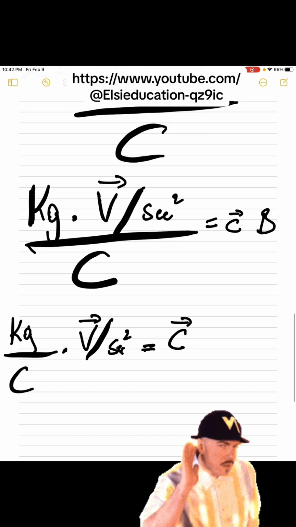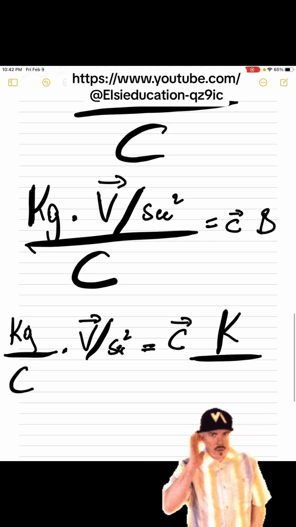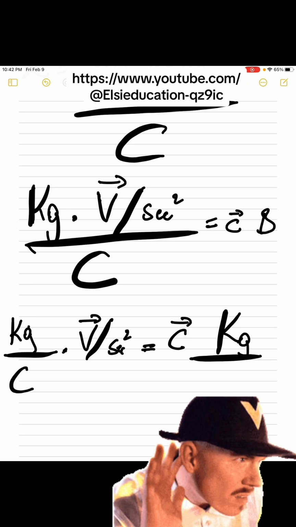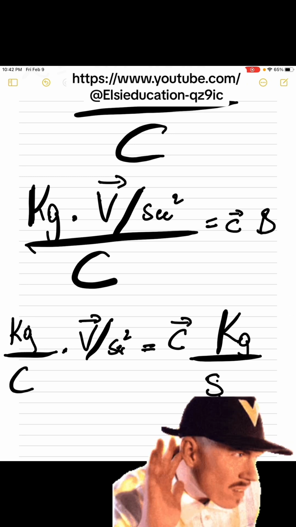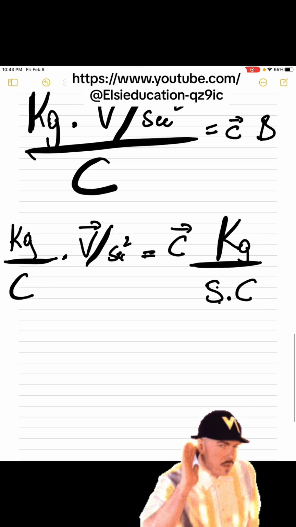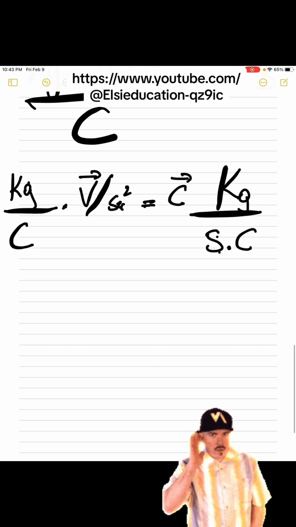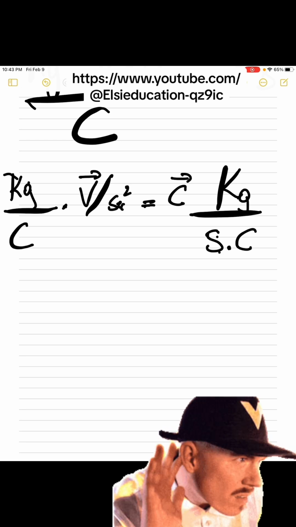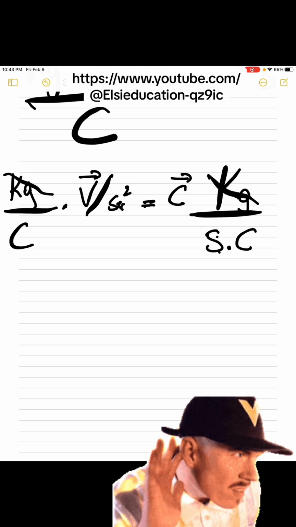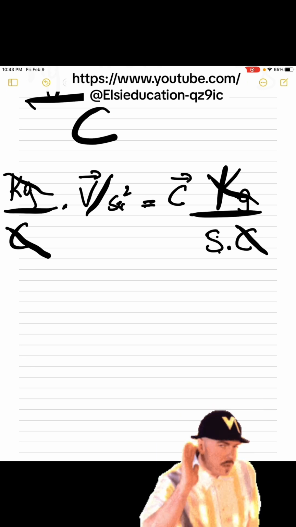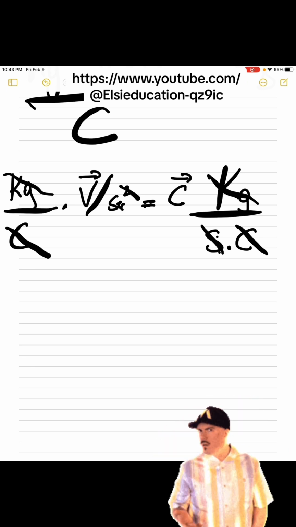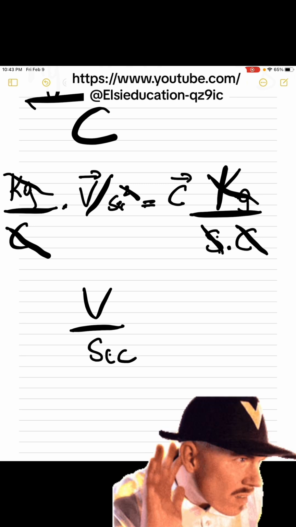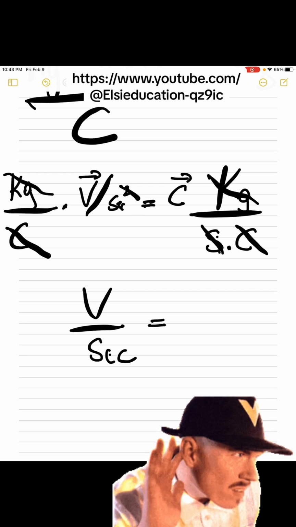Tesla is kilogram divided by second Coulomb. Here the kilograms cancel out, the Coulomb cancels out, and the second cancels out. So what we have here is volt per second equal to the speed of light.